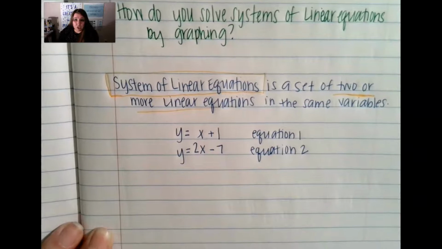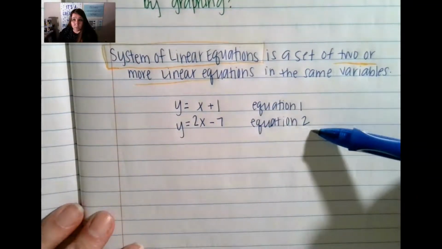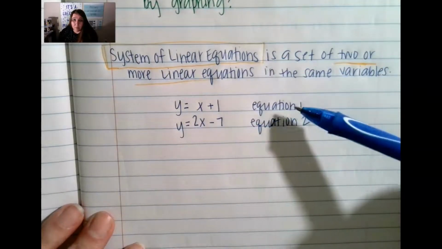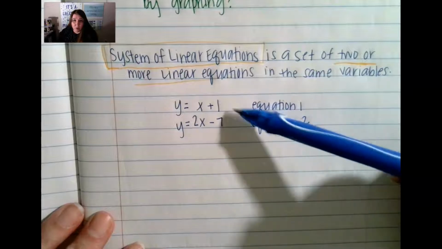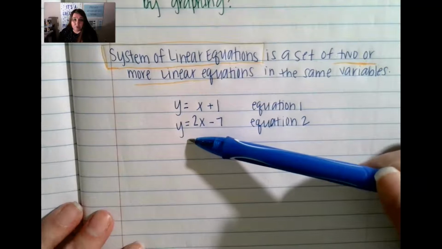Now these two equations work together to create a system. So we have equation 1 and equation 2, and we can use the two of these to solve for x and to solve for y.